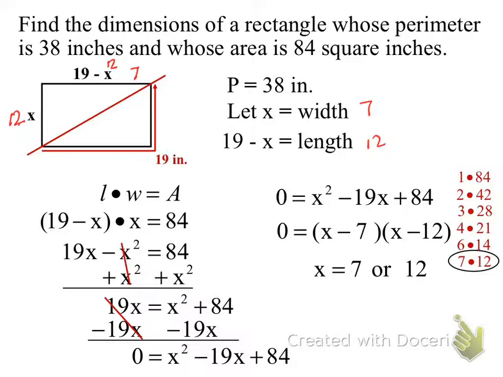The longer one is 7 inches and the shorter one is 12. Does that work? No. So we have to have our common sense kick in. So x is going to be 7, and that means that would be the width, and then the length will be 12.